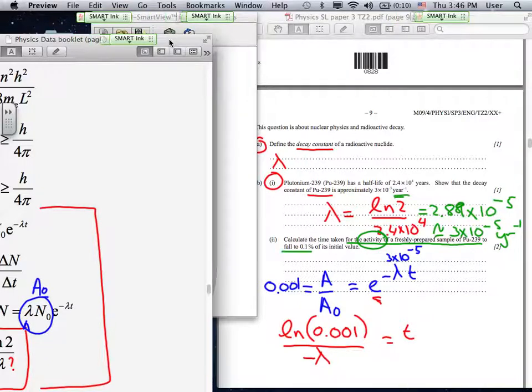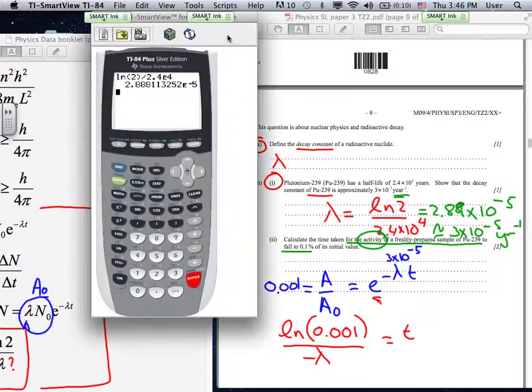So I put that in to the calculator. Let's just do that. So we got ln, and it's 0.001, close brackets, divided by, now I'm not going to worry about the minus sign, I'll just see that at the end that it will work, and we are looking at our lambda is 3 exponent negative 5, and we get that.